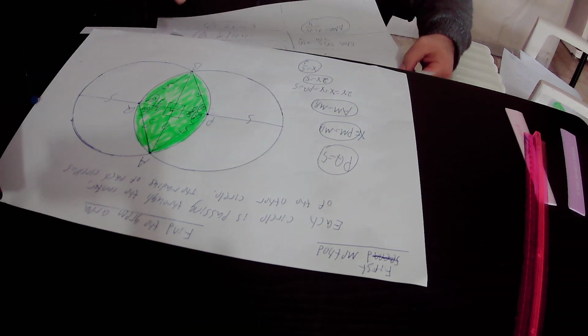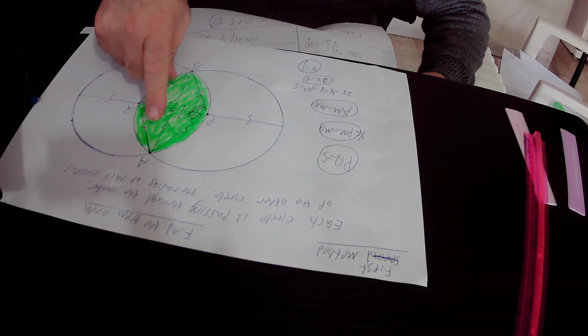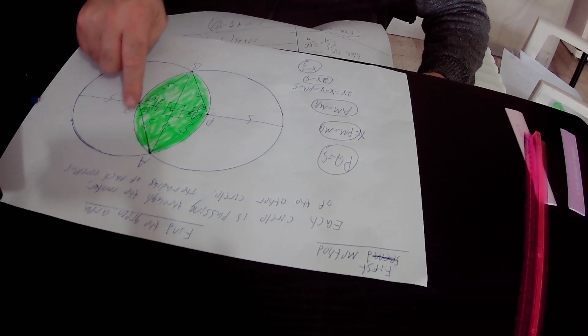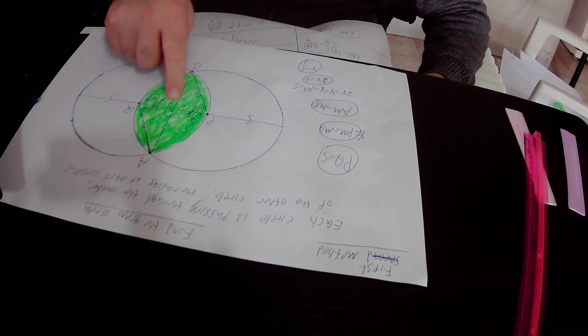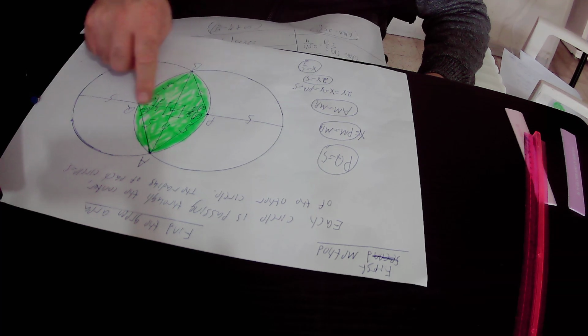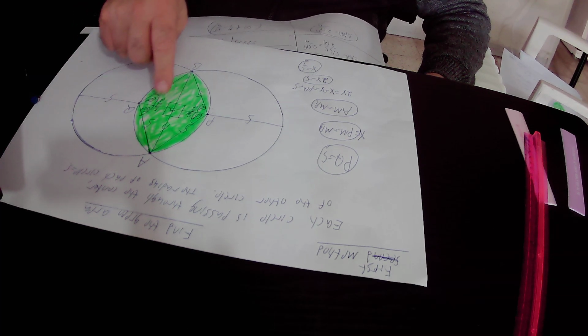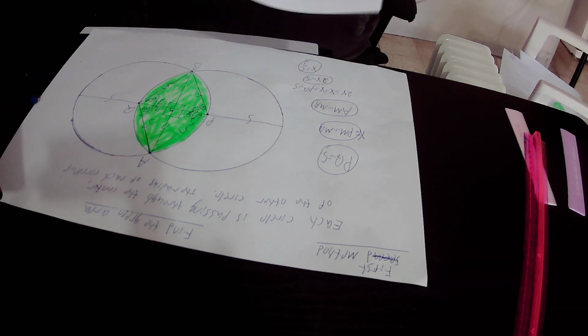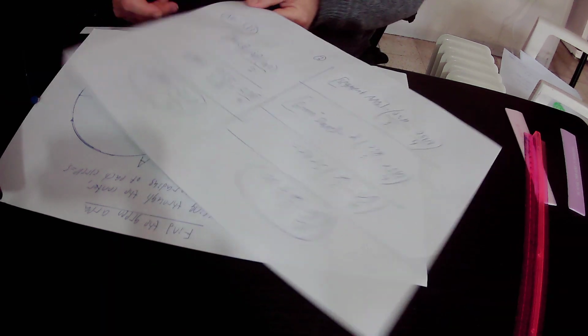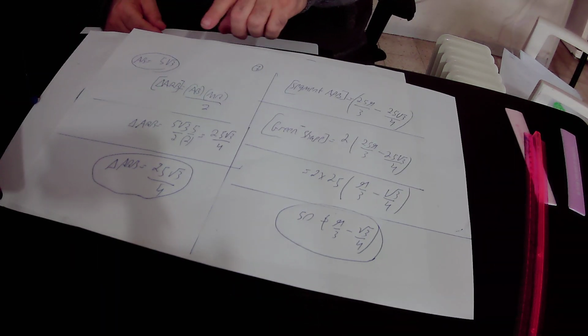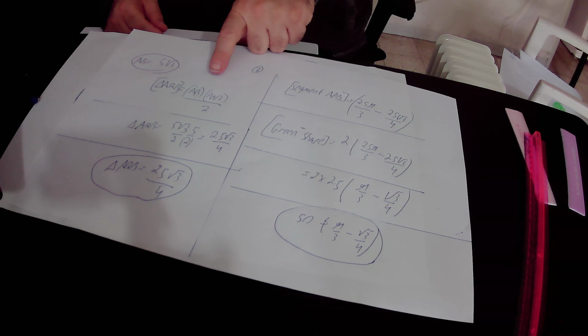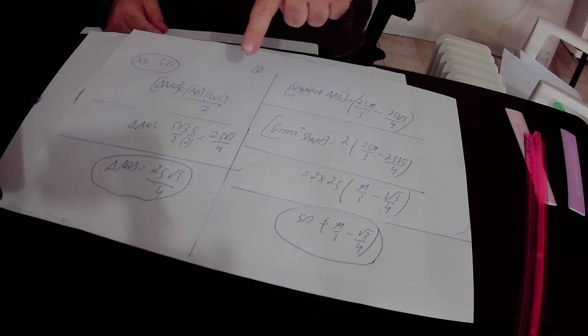And what is the area of triangle AQB? The area of triangle AQB equals the base of the triangle, that is AB, times the height, that is MQ, over 2. AB equals 5 times square root of 3.